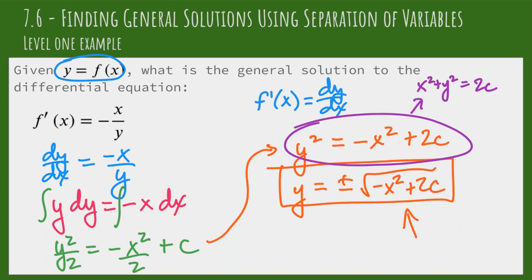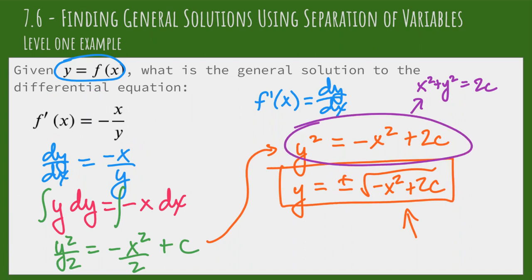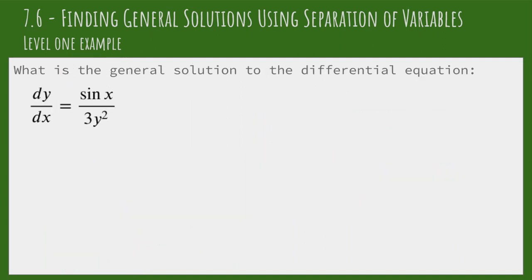So the solution to this differential equation is going to be actually a half circle because we're either going to get the top half of the circle or the bottom half of the circle. But this is the equation of a circle, and so the derivative that we are given here is going to have a solution that is either a top half or a bottom half of a circle.